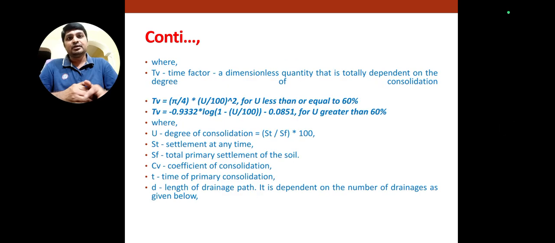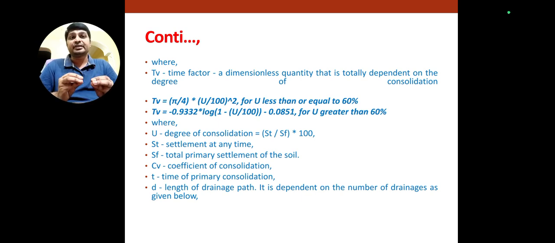Coming to one more equation, that is the time factor, T_v, which we take in two ways. One is T_v = π/4 (U/100)², for U less than or equal to 60%, and T_v = −0.9332 log(1 − U/100) − 0.0851 for U greater than 60%.